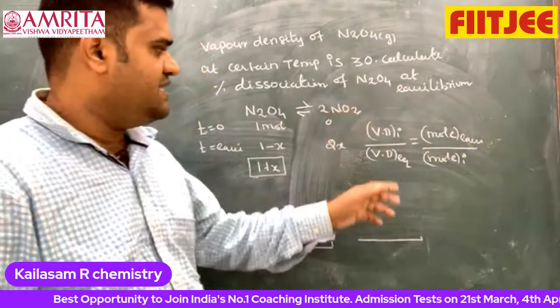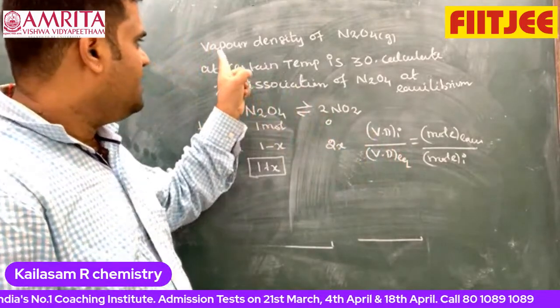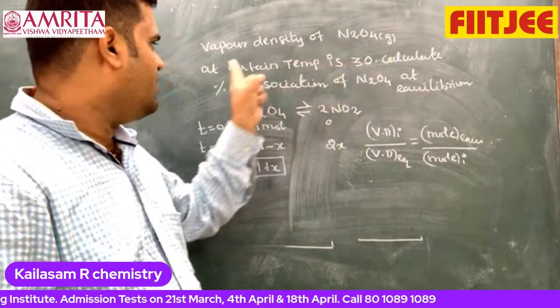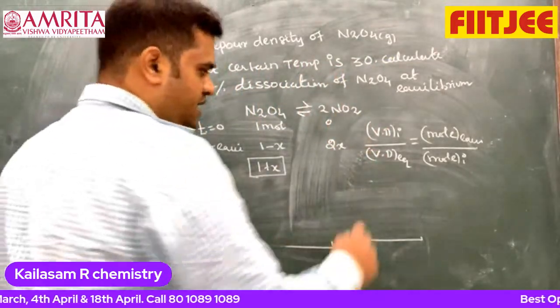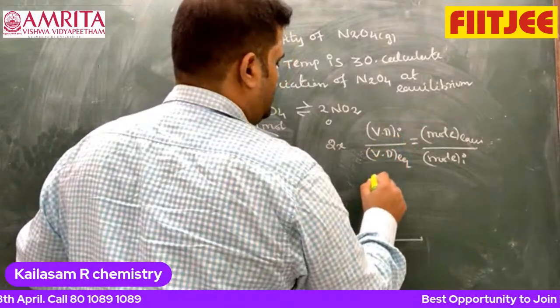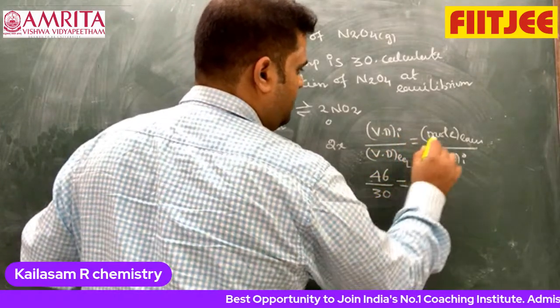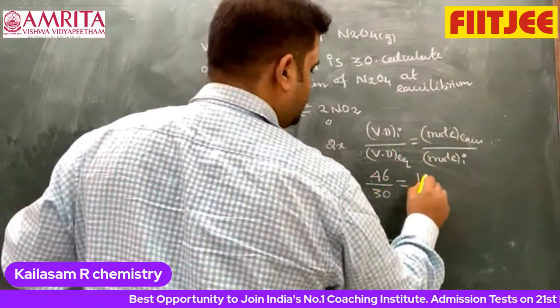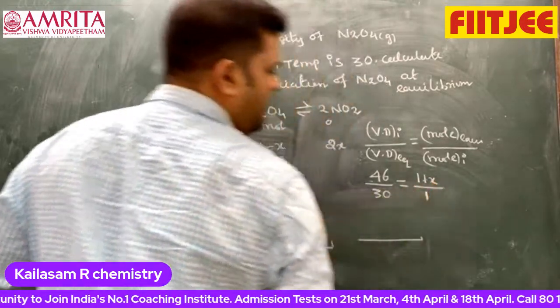So what are vapor density initial and vapor density at equilibrium? The vapor density at equilibrium is given as 30, and the initial is N2O4, 46. So 46 by 30 is equal to the moles at equilibrium, 1 plus x, by the moles initial, 1.